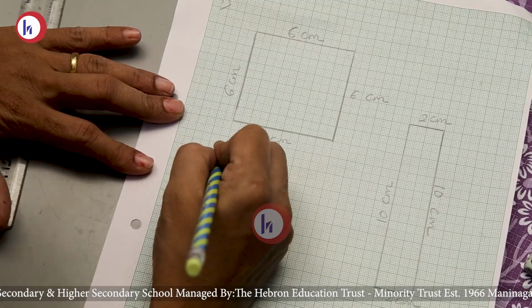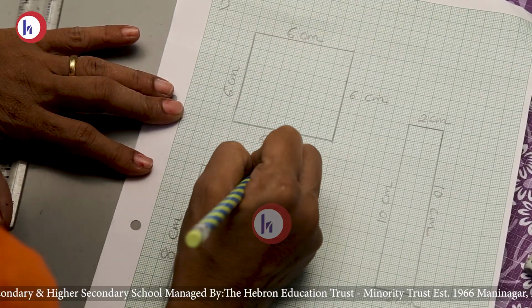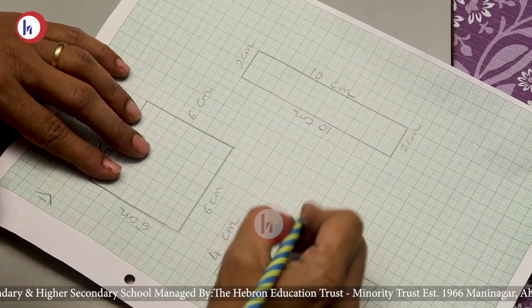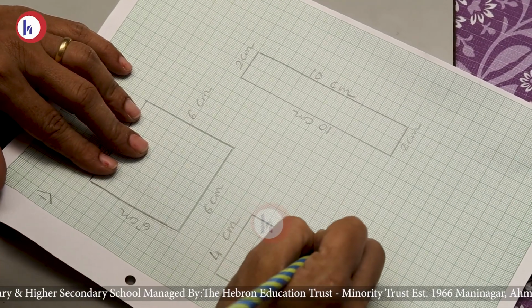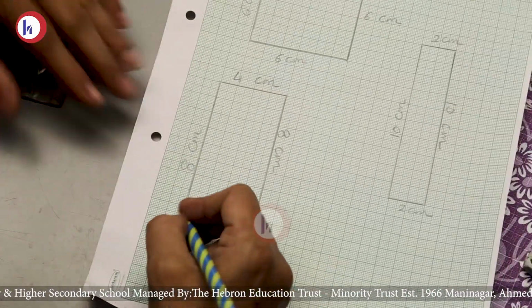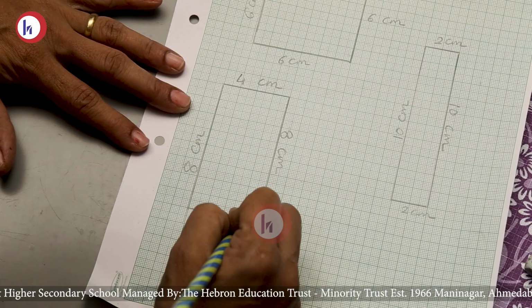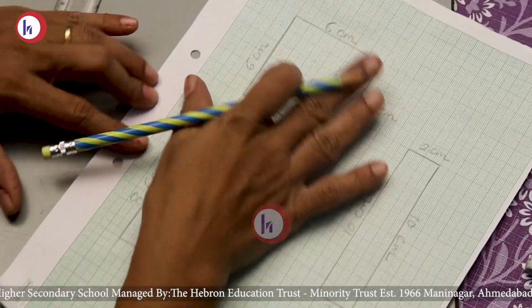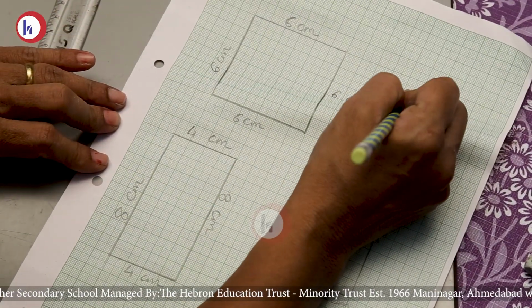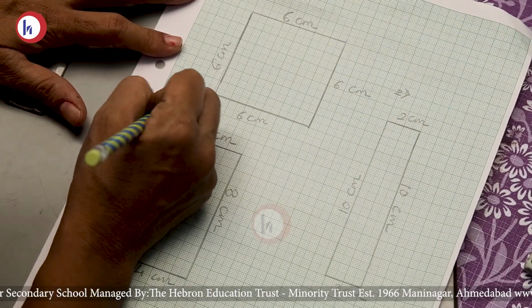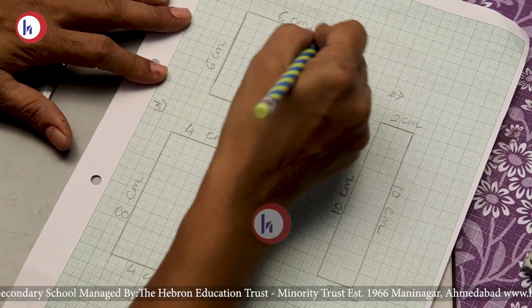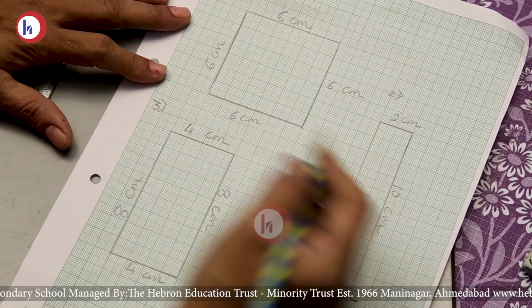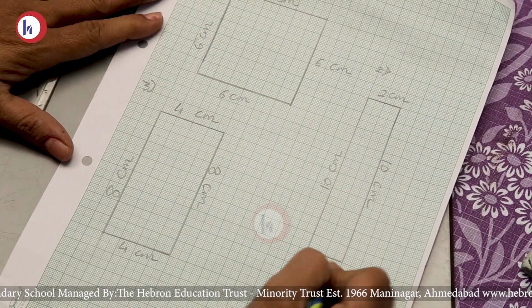See, 8 centimeter, 4 centimeter, 8 centimeter and 4 centimeter. That means see all these three figures. The perimeter of the figure is 24 centimeter. Here is also 24 centimeter.